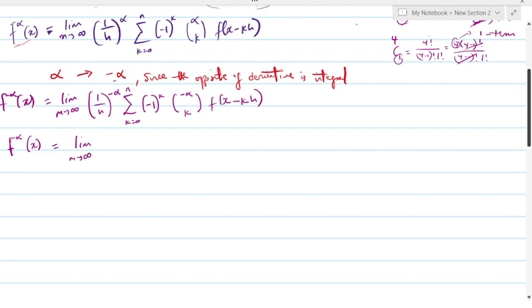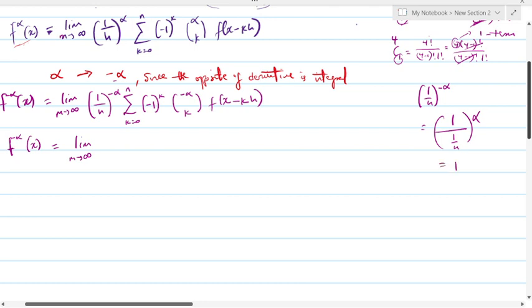So we have 1 over h raised to power minus alpha, and by the time you simplify it, 1 over h raised to power minus alpha will give us h raised to power alpha.